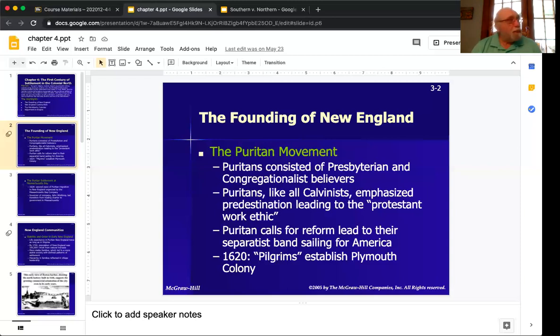And so if you had good crops, if you had good pigs or horses or whatever, in other words, if there were physical manifestations of God shining his face upon me, then I more than likely would be one of the saved.